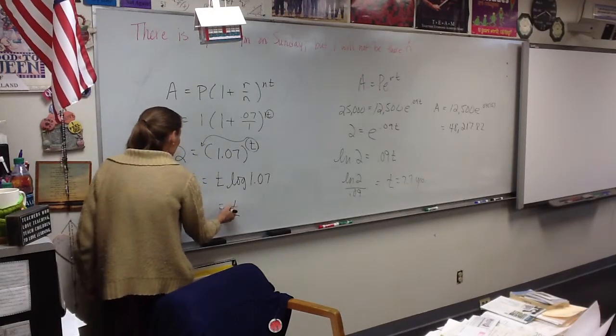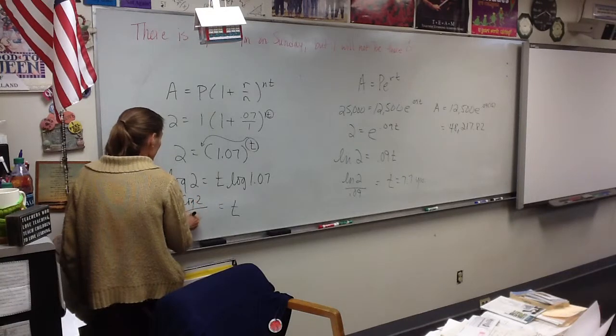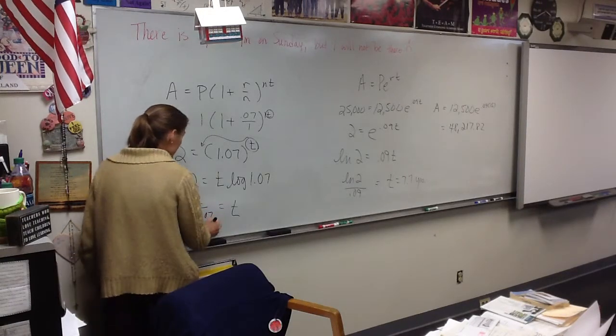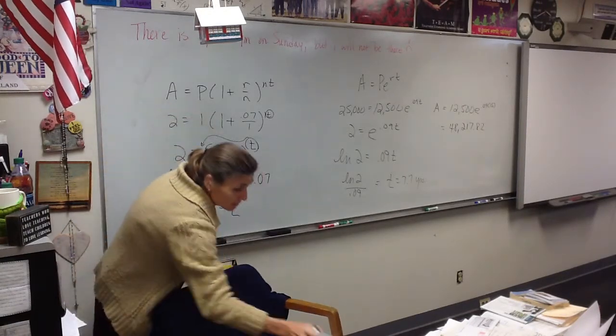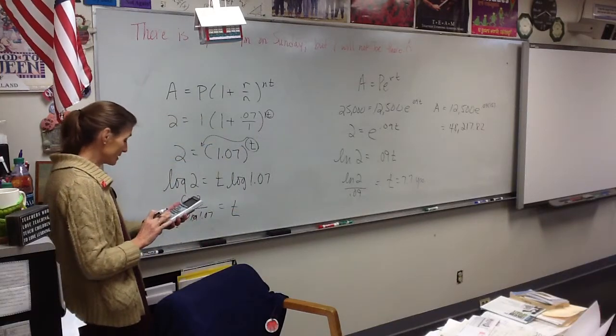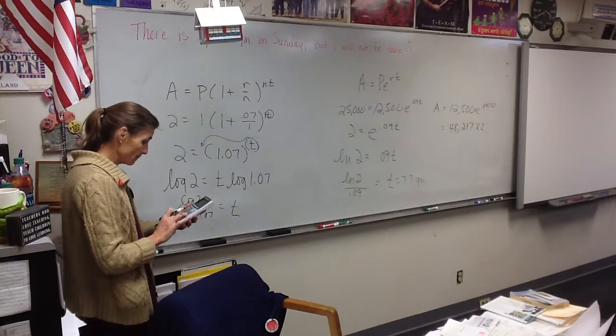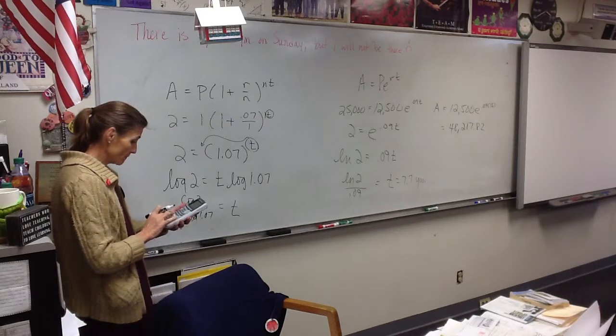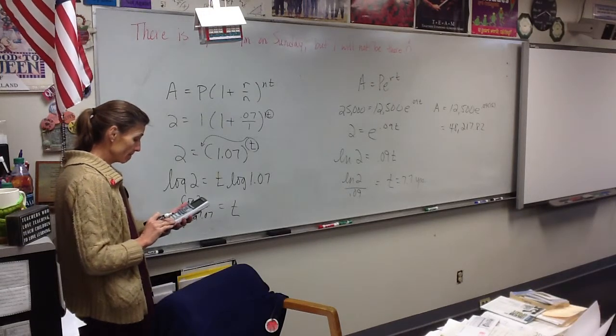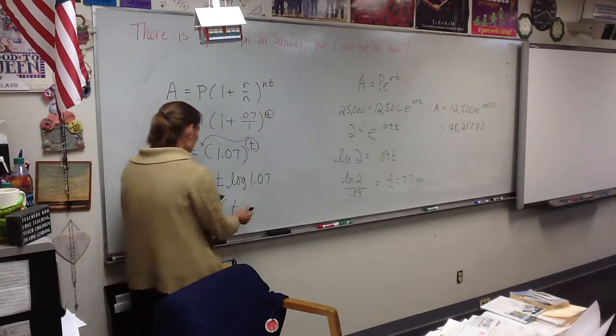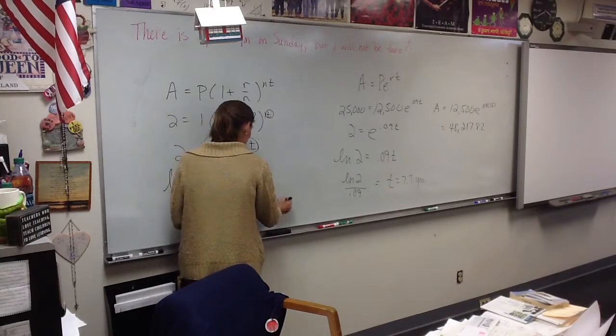So t equals the log of 2 divided by the log of 1.07. That should tell me how long it takes to double my money in this situation. I got about 10.24 years.